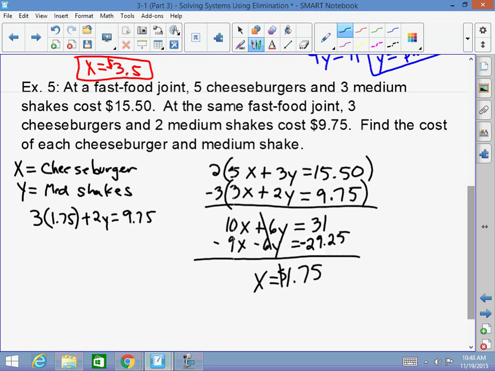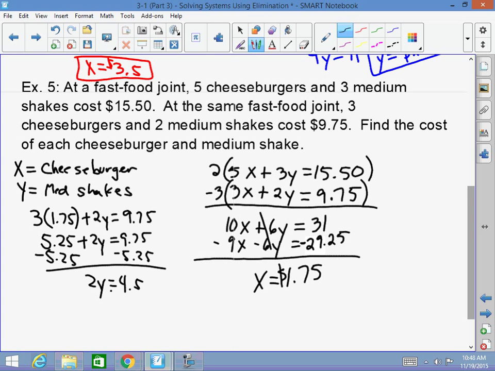So 1.75 times 3 is 5.25 plus 2y equals 9.75. Subtract 5.25 to both sides. You get 2y equals 4.50 divided by 2. Y equals 2.25. So my solution, I've got cheeseburgers for $1.75 and shakes for $2.25.